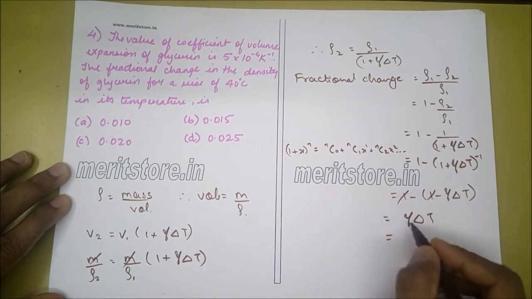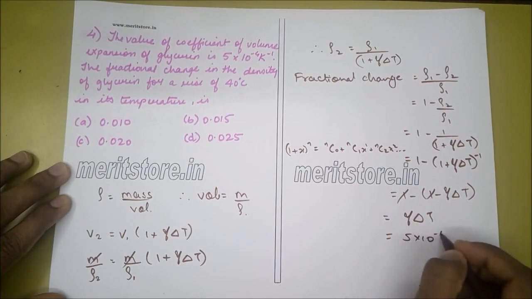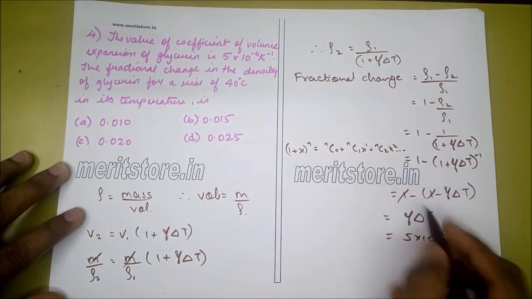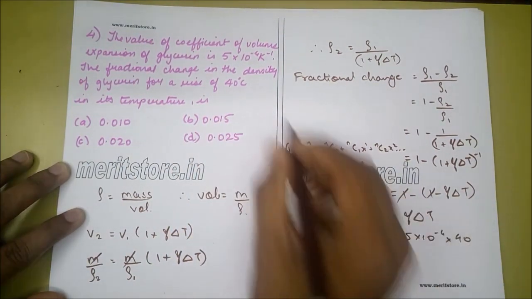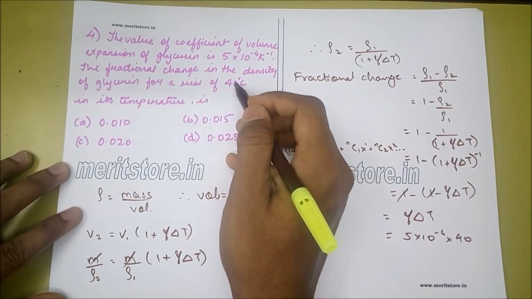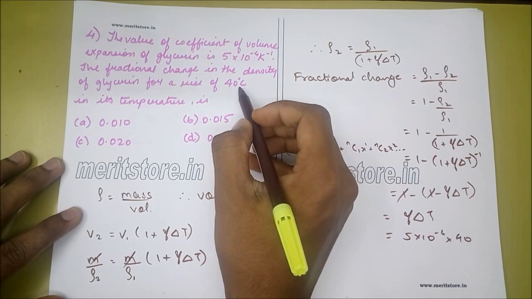So gamma, substituting the value as 5 into 10 raised to minus 4, into delta T, the change in temperature, which is 40 degrees Celsius. Here the expansion is given in Kelvin, whereas the change in temperature is given in degrees Celsius.